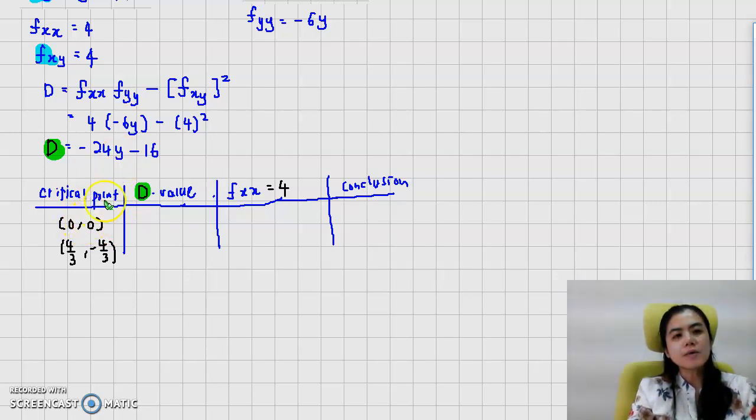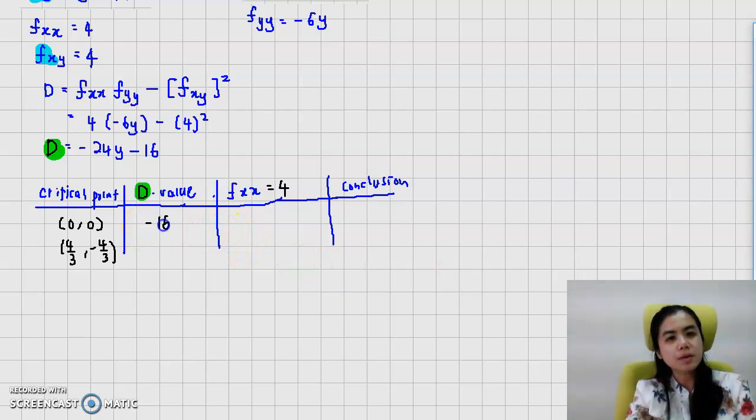And in here, obviously, we just need the y value. So you have x equal to 0, y equal to 0. You substitute here. So you have negative 24 multiplied with 0. The y is 0. Minus 16. So you have negative 16. You have negative 16. Okay.